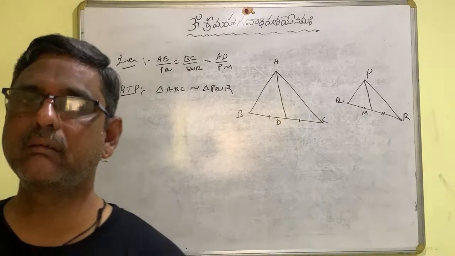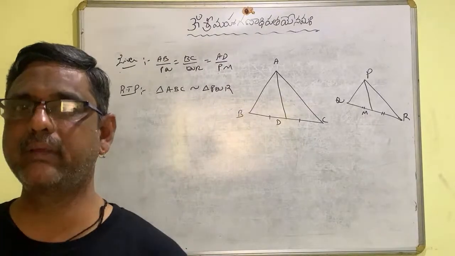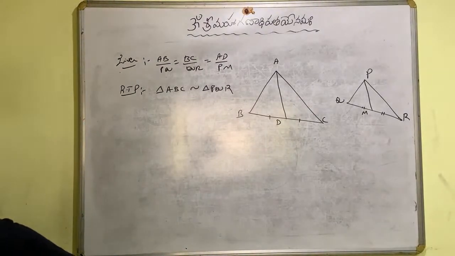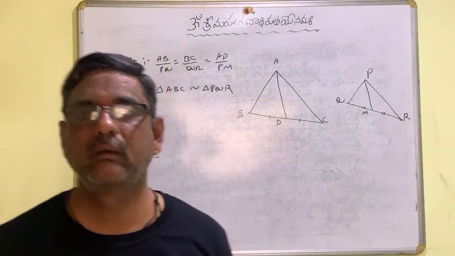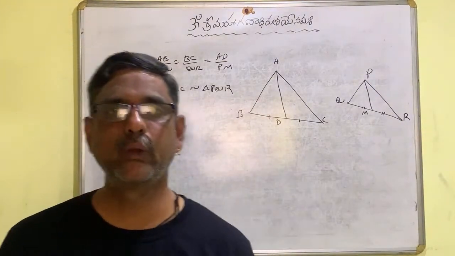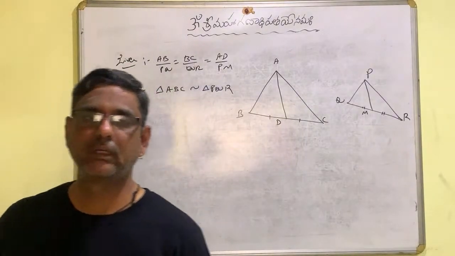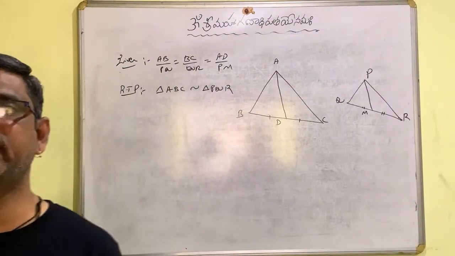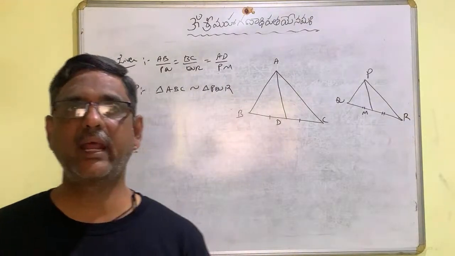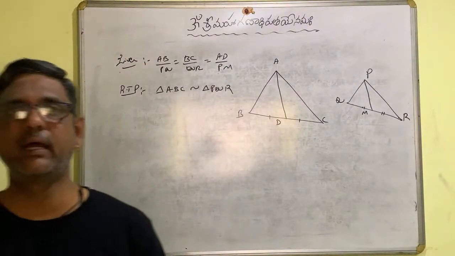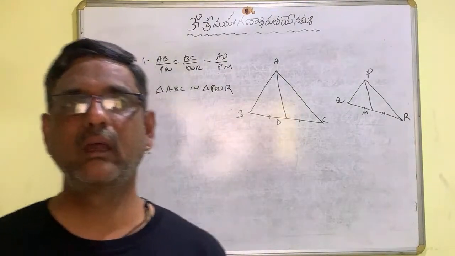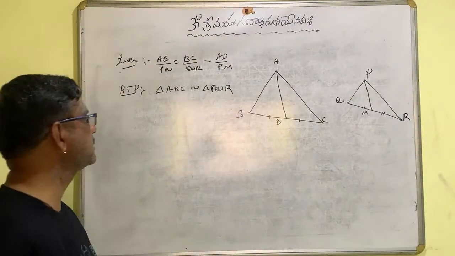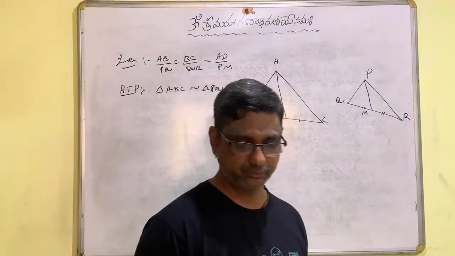In triangle ABC, AD is the median from A to BC, and in triangle PQR, PM is the median from P to QR. It is given that the ratios AB by PQ, BC by QR and AD by PM are equal, and we need to prove triangle ABC similar to triangle PQR.